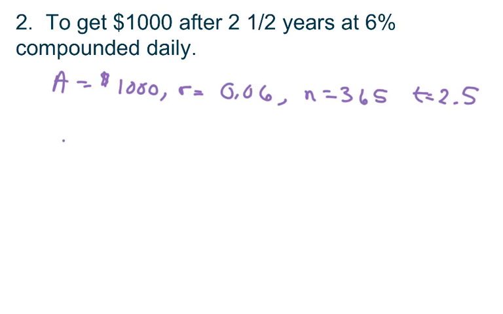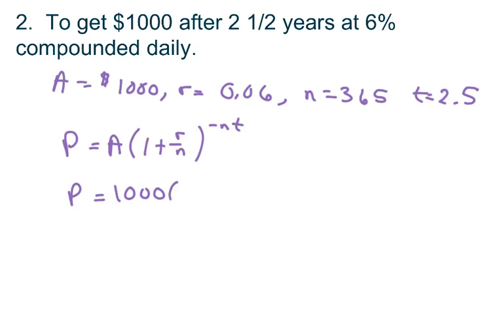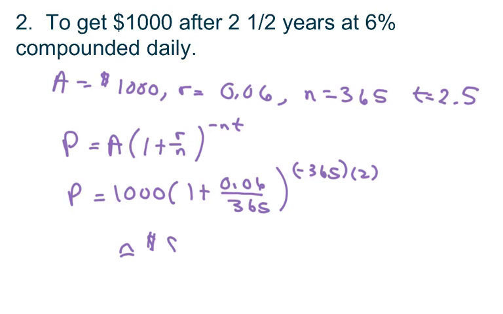P equals A times (1 plus r over n) to the negative nt. So P equals 1,000 times (1 plus 0.06 over 365) to the negative 365 times 2.5. And that's approximately 860.72.